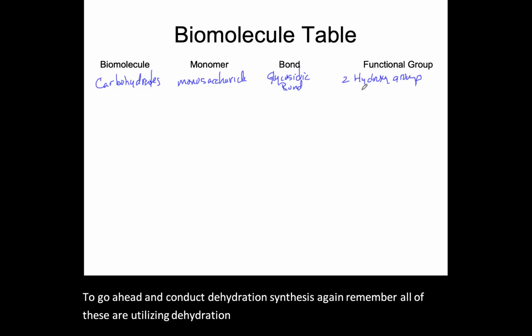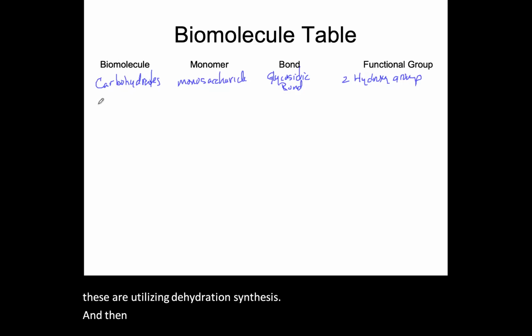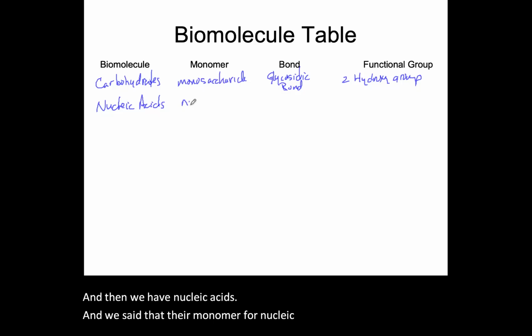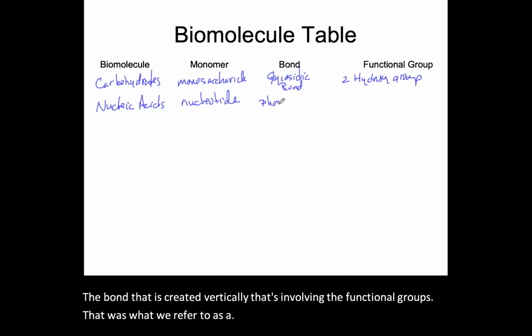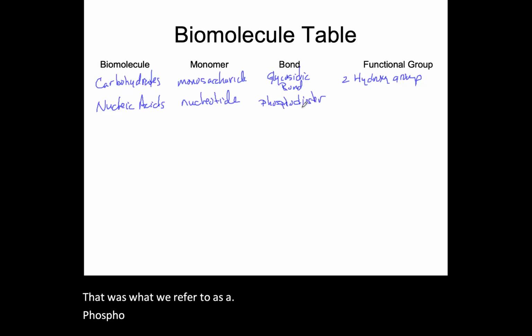All right. And then we have nucleic acids. We said that the monomer for nucleic acids was a nucleotide. The bond that is created vertically, involving the functional groups, is what we referred to as a phosphodiester linkage.